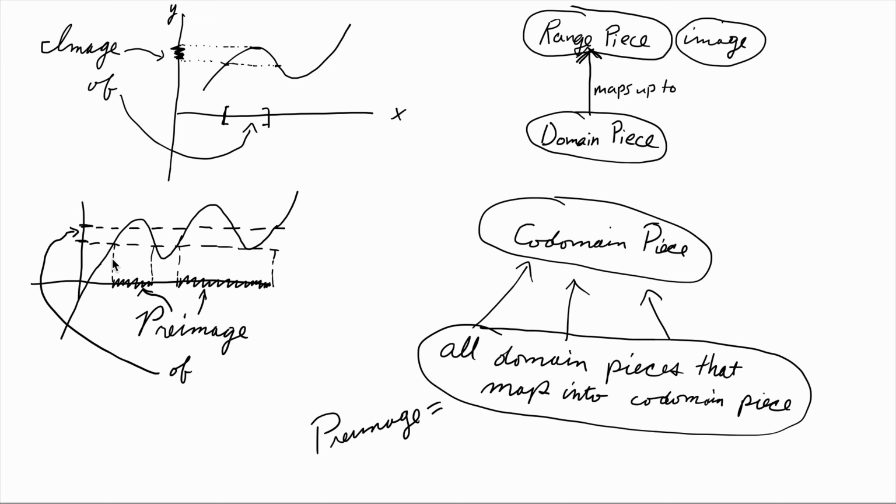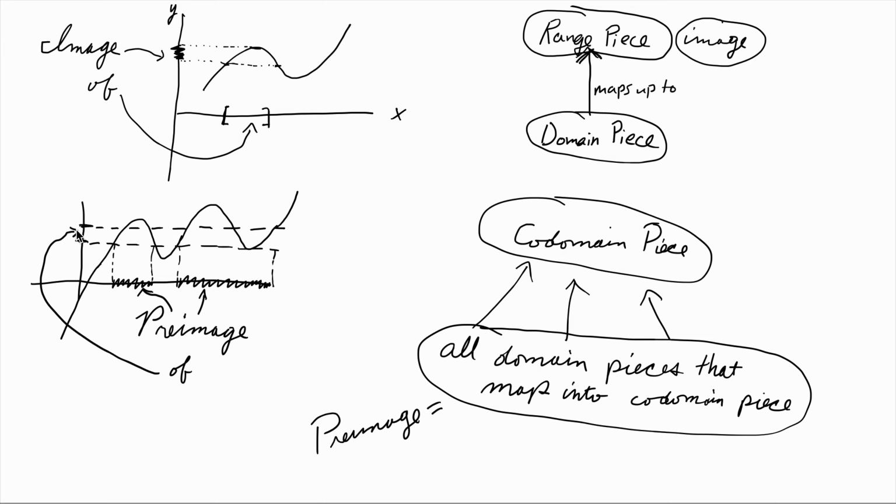Now what about preimage? Just go backwards. We take a piece of the codomain, here on the y-axis. We don't want to just take a piece of the range. We take a piece of the codomain in case the function doesn't have a full range, because we want to be able to freely take chunks and pieces of the codomain, parts of the y-axis, and think about their preimages.